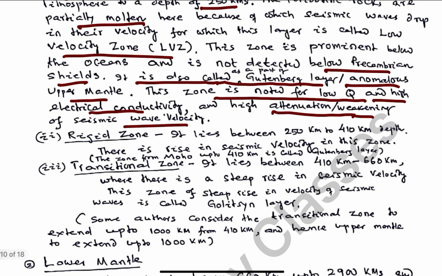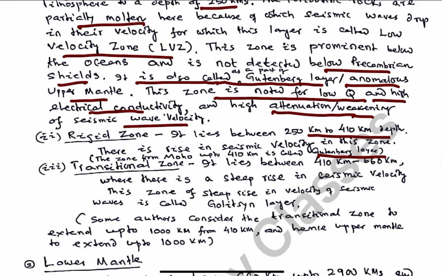After the low velocity zone, from 250 to 410 kilometers, there is a steady rise in seismic wave velocity. It is known as the rigid zone. And the Gutenberg layer is extending from below the Moho to 410 kilometers.